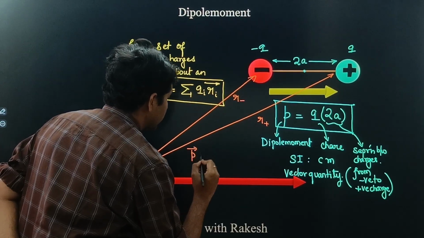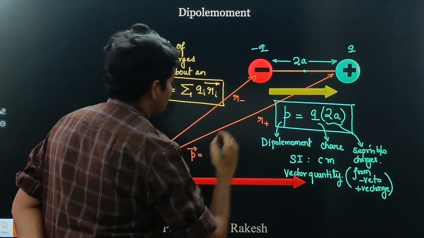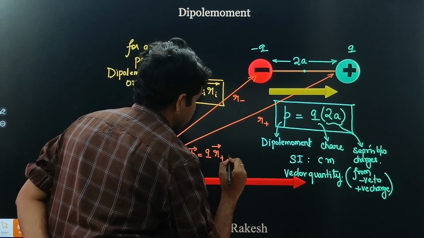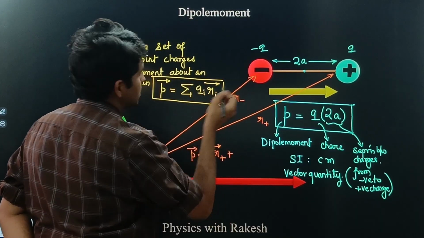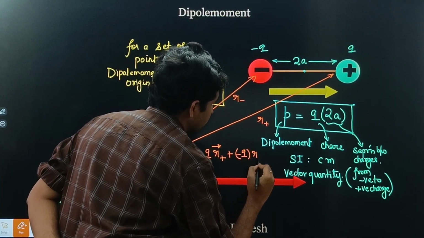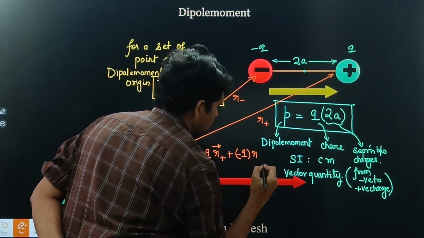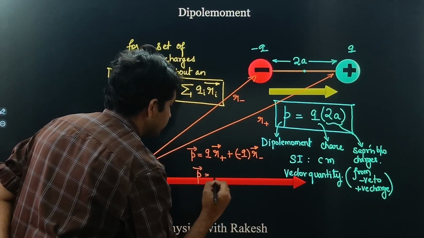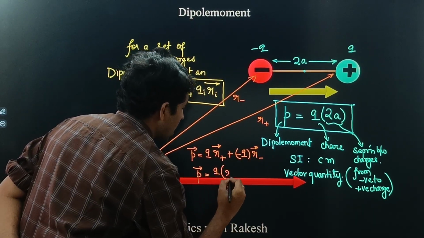P bar equal to, this first is Q R plus bar plus summation, so this is minus Q R minus bar.